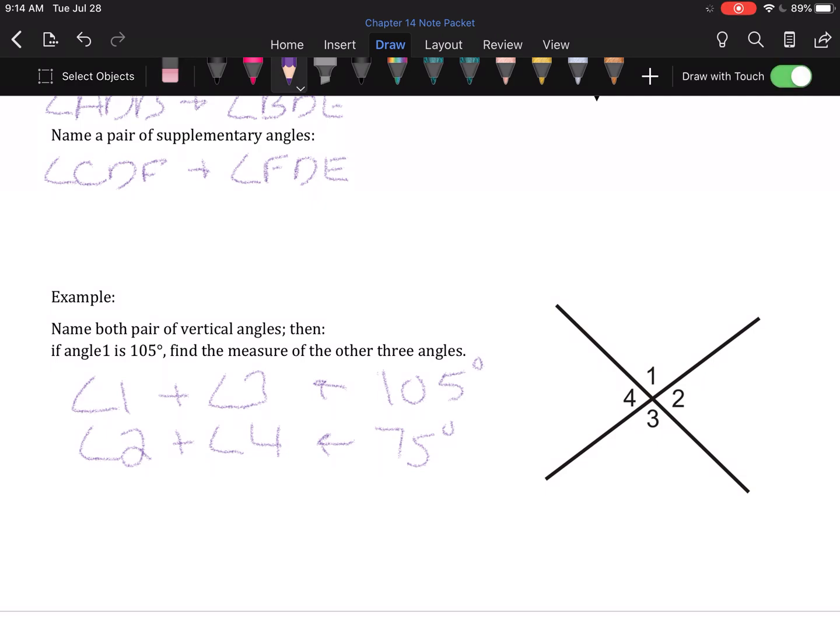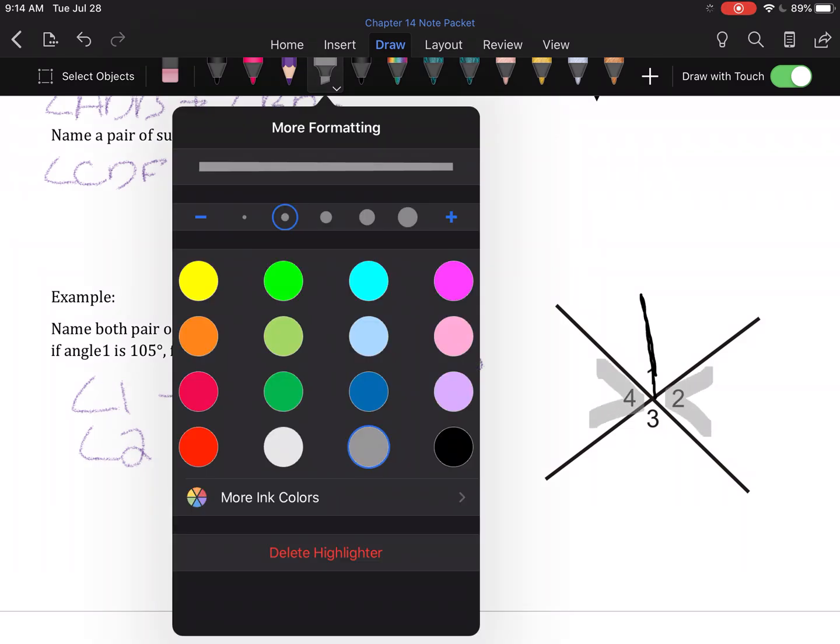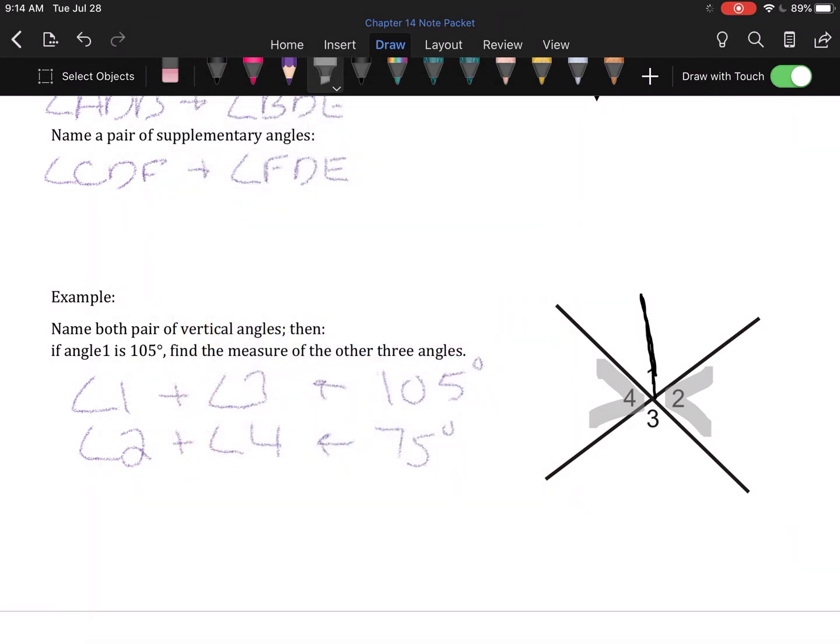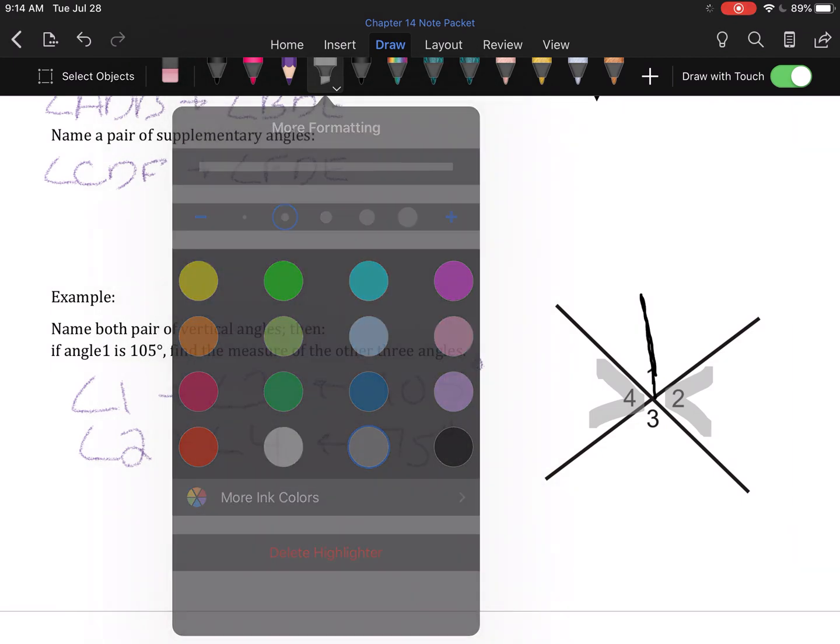So, let's pretend this diagram didn't have angle 1 here. Instead, there was a line segment, a ray shooting off. On this diagram, the way I've drawn it now, there is only one pair of vertical angles, 2 and 4. Let me also go in here and name these.